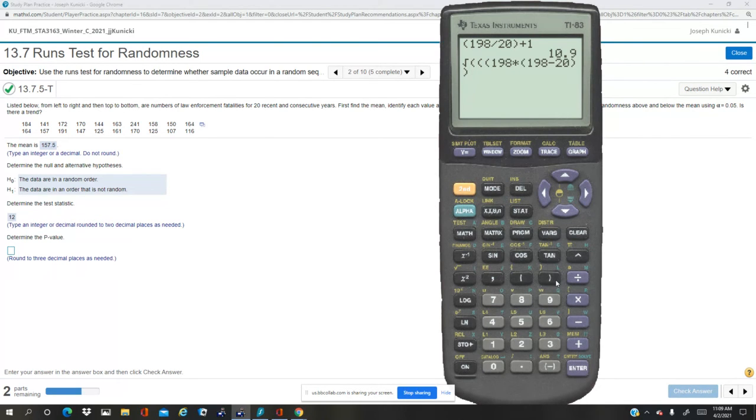Divided by n1 plus n2 quantity squared, that's 20 times 20 is 400, and then times n1 plus n2 minus 1, so that's 19.